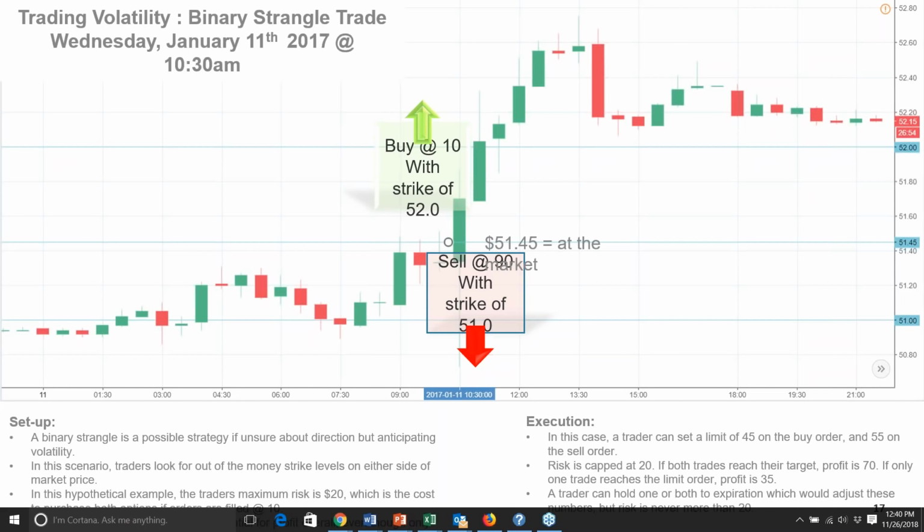So in this case, market's at 51.45, you sell a strike at 51 for 10, you buy at 10 with a strike at 52, and you can see in this case, after the inventory report, it was very bullish for the market, it popped, hit your strike above the market, and you made enough from that trade to pay for both of your options.